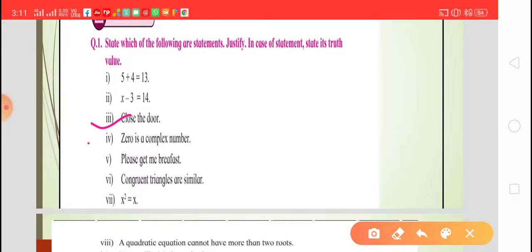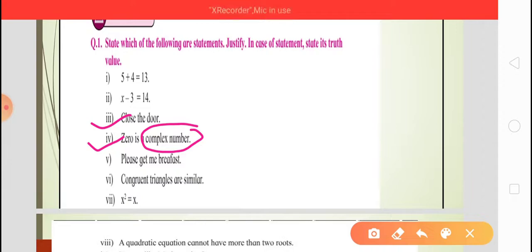So friends, next question. 0 is a complex number. Is it true or false? Ask your mind. Firstly we discuss what is meant by a complex number. In 11th standard we learned the definition of a complex number. What is that definition?